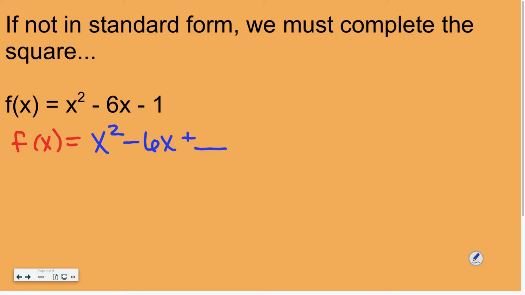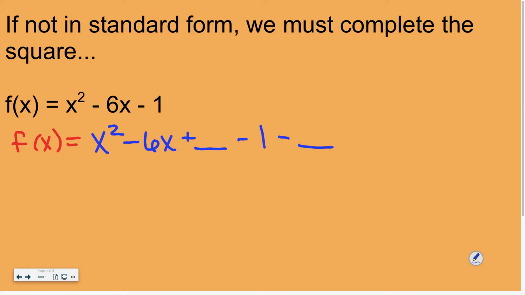Okay? So we have x squared minus 6x minus 1. We are going to add and subtract the same number so that we are not changing our equation. We're adding 0, right? We're adding and subtracting the same number, so we're adding 0. Okay?